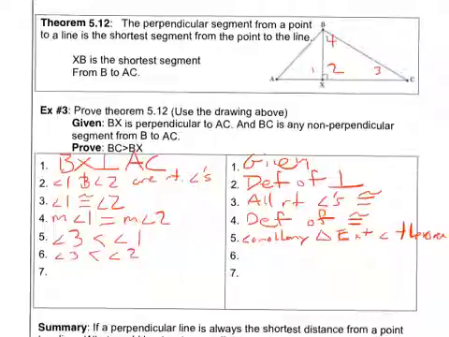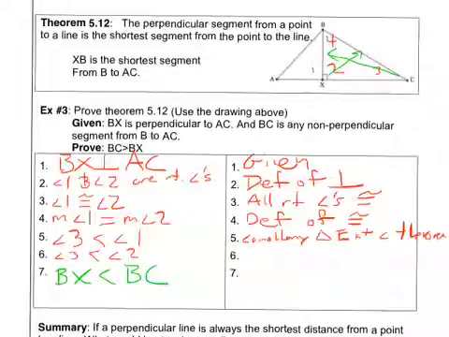Alright, now this is where we start to use new stuff. Since angle 2 is opposite this segment BC, and angle 3 is opposite this segment BX, if 3 is less than 2, then the side opposite 3, BX, has to be less than the side opposite 2, BC. So we could say safely that BX is less than BC, which is the same thing that we have here. I mean, we could switch it around and just say BC is greater than BX.